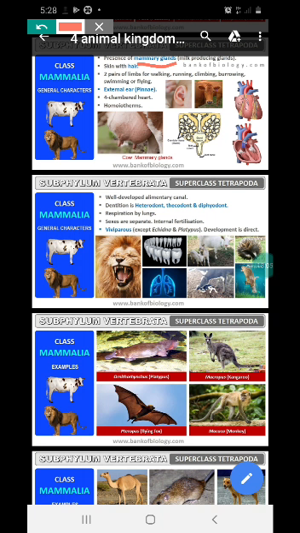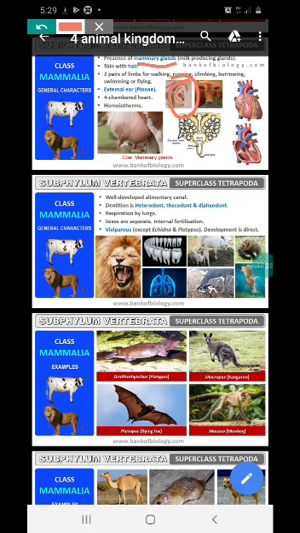Now the ear is represented by a pinna, the external ear. And you know that our heart is 4-chambered and we are warm-blooded, which means homeotherms.